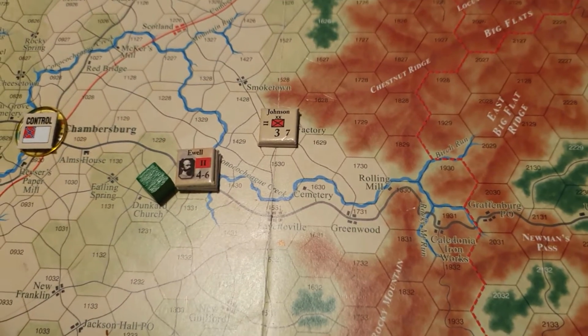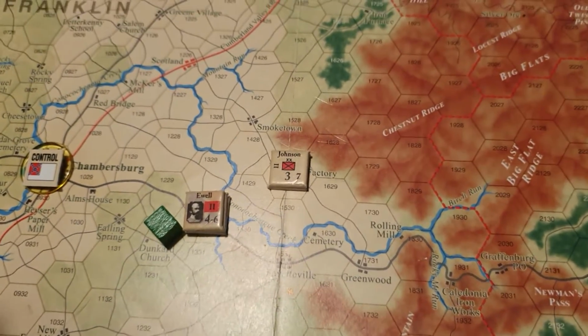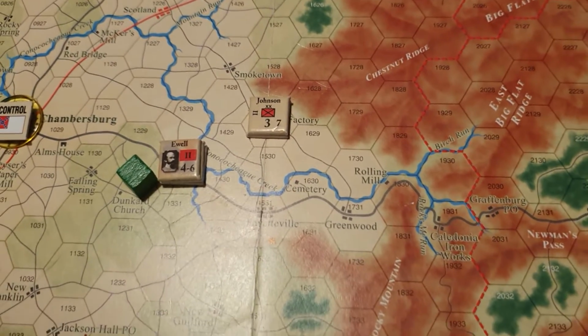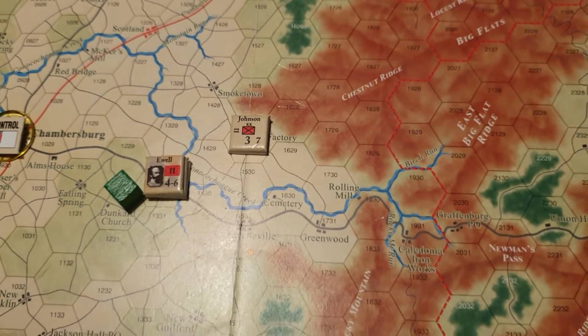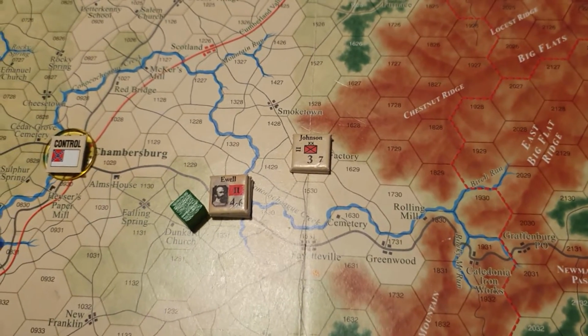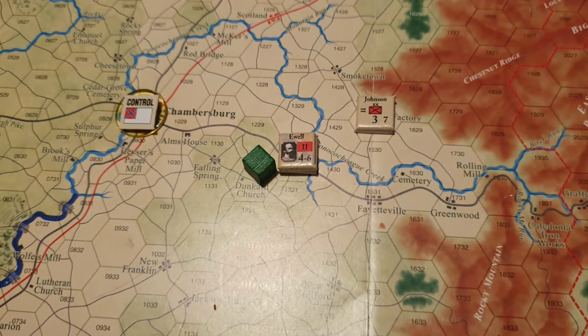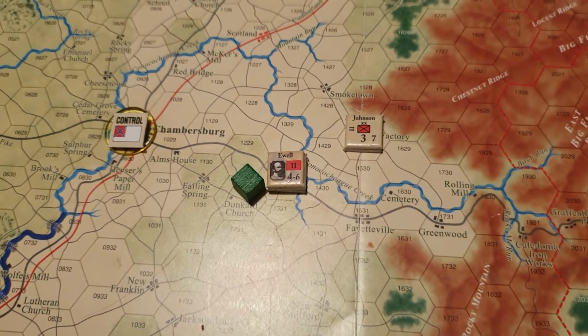But for example, if Johnson moved, now normally a Confederate subordinate commander would get a +1 to his movement roll, which I'll show you in a minute, but in this case he'd get +2. But if you're activating a leader, you automatically get +2 to any formations that move.